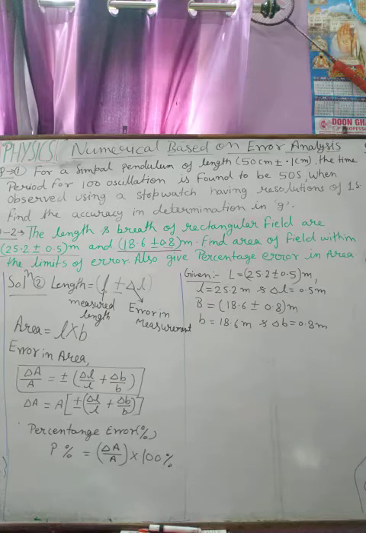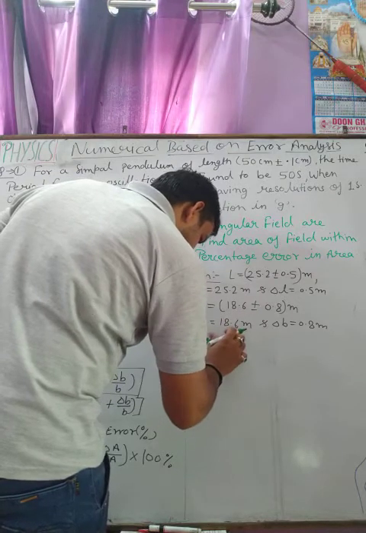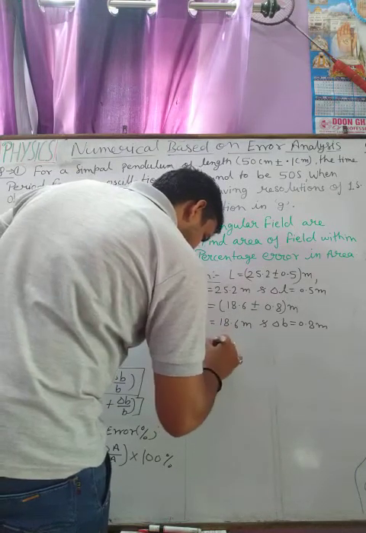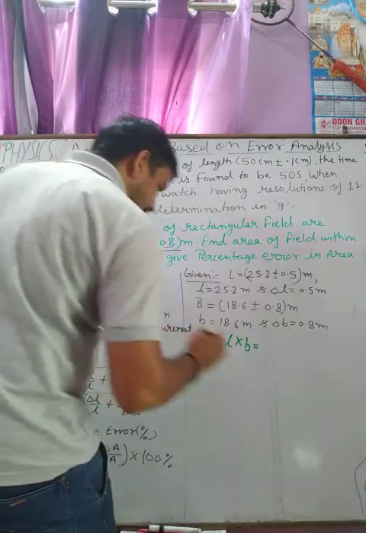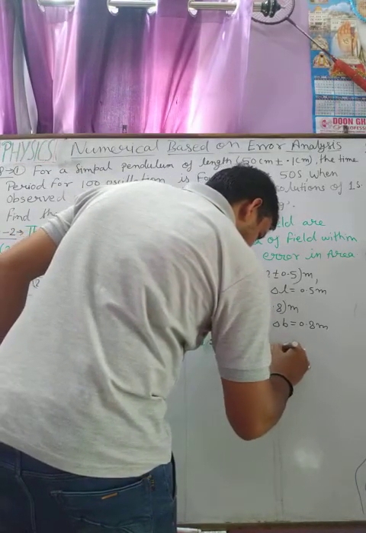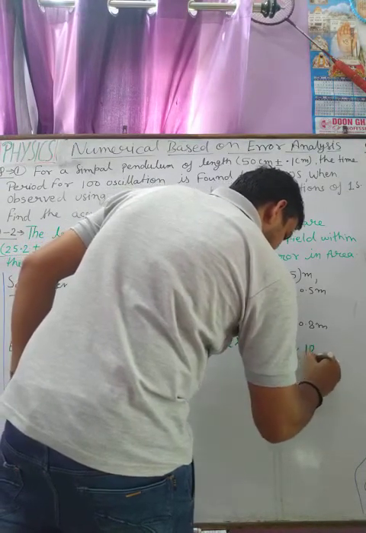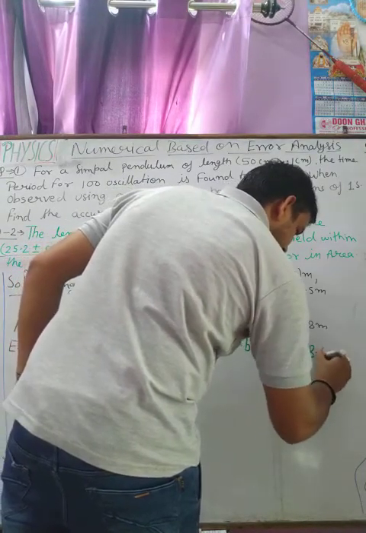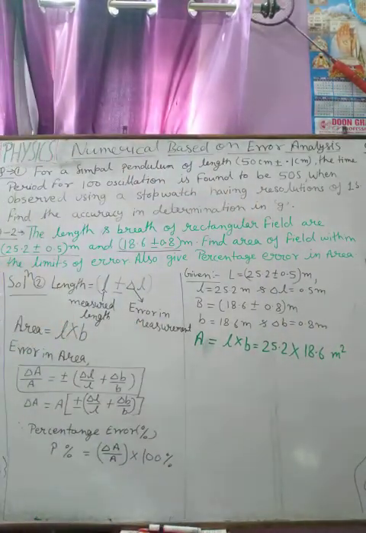Now students, we calculate first the area. For calculation of area, we have L into B, and this L into B is 25.2 into 18.6, in meter square. So first we calculate it.